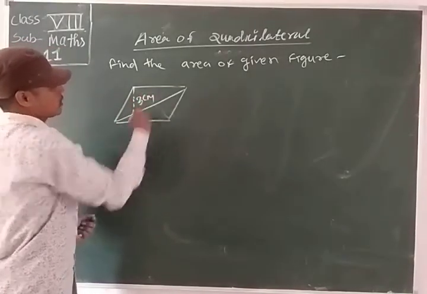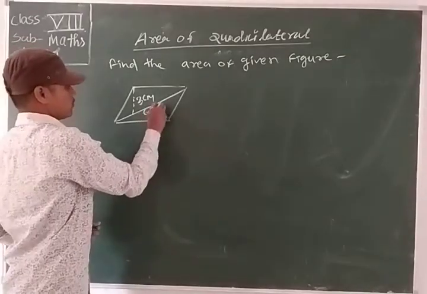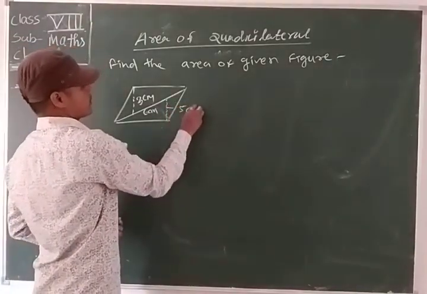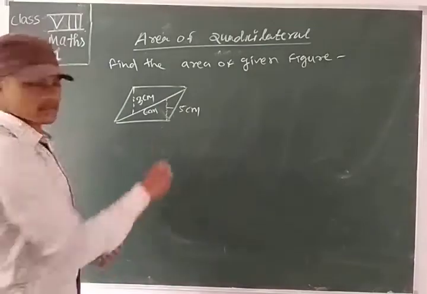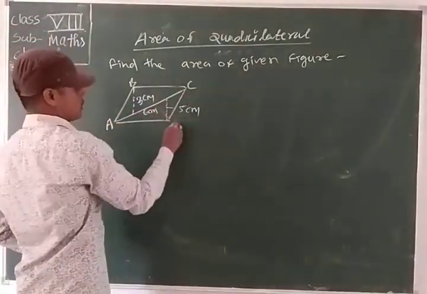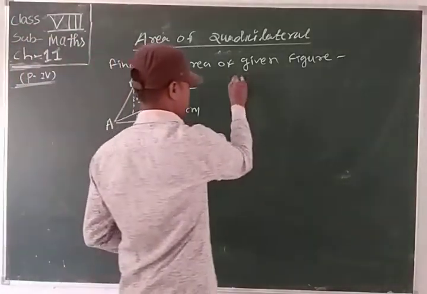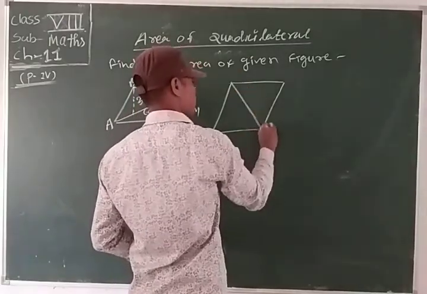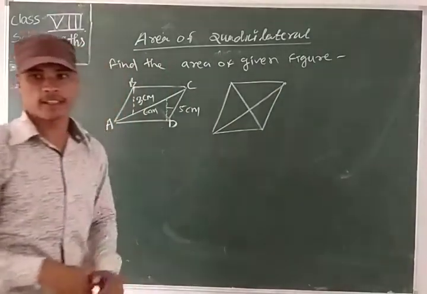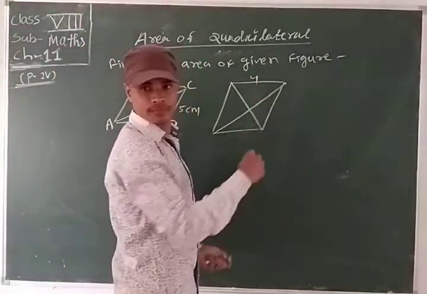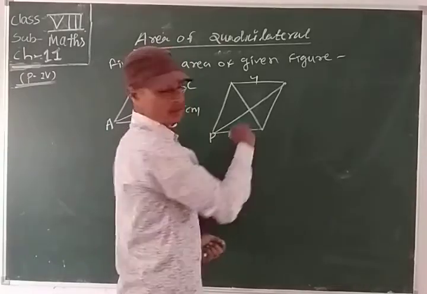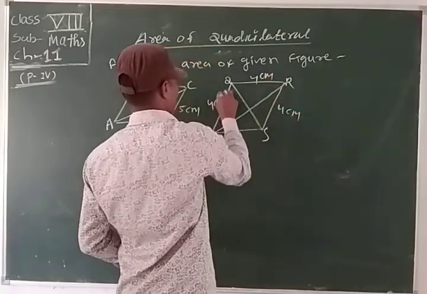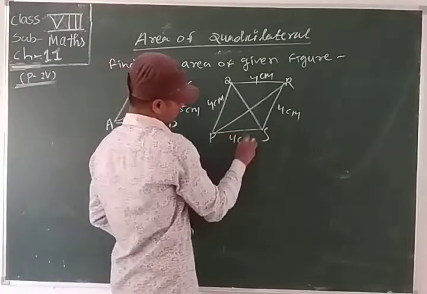Figure one: 3 centimeter, 6 centimeter, 6 centimeter, 5 centimeter, A, B, C, and D. In the second figure, 4 centimeter, PQRS, P Q R S, 4 cm, 4 cm, 4 cm, and 4 cm.